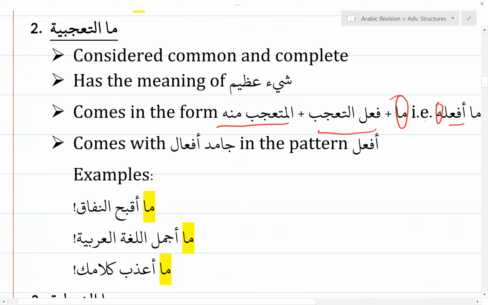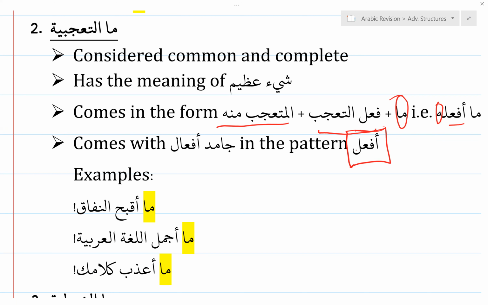It also comes with af'al jamid, in this particular pattern, only in this particular pattern. Yesterday we talked about lazim and mutaaddi. We slightly mentioned jamid. The idea is that this is not in the aslama family, because we know aslama is mutasarrif, it's not jamid.